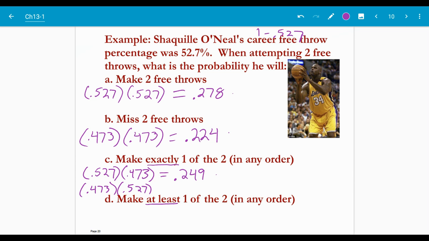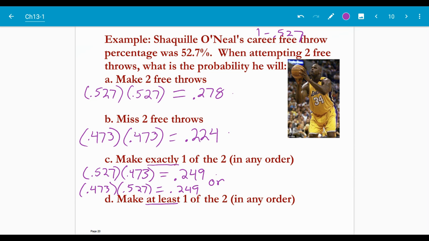Now, obviously, you're going to get the same answer, 0.249. Multiplication is commutative. It doesn't matter if you do A times B or B times A. You're going to get the same answer. However, both of these answers need to be considered together. Because let's think about what's going on. A successful outcome in letter C is making the first, missing the second, or missing the first, making the second.